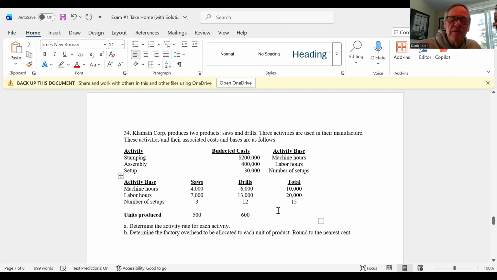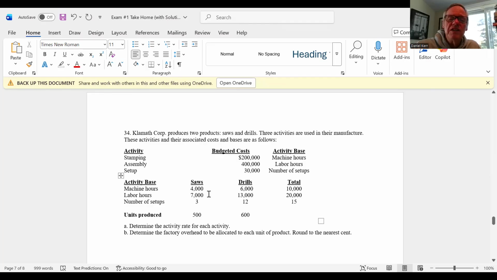And then to determine the factory overhead for each unit of product, you got to multiply by the number of activity in each department for each product. So for saws, there were 4,000 machine hours, 7,000 direct labor hours, and there were 3 setups.